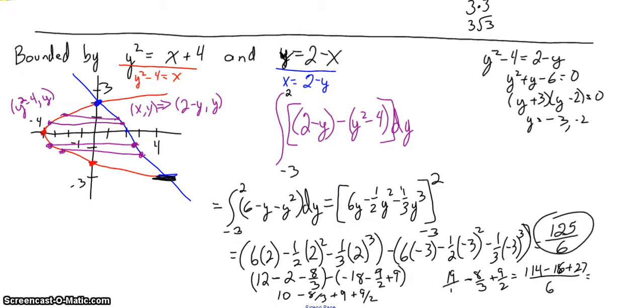And done. That's it. So sometimes changing your viewpoint in terms of your integral, going horizontally, would be better for the region as opposed to always doing dx. With practice, you'll see it better.